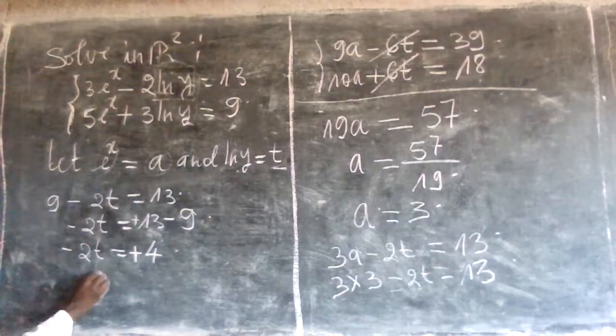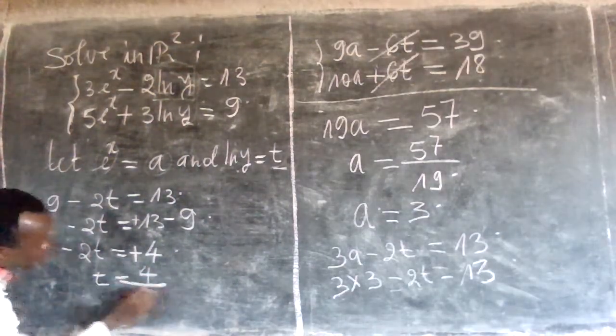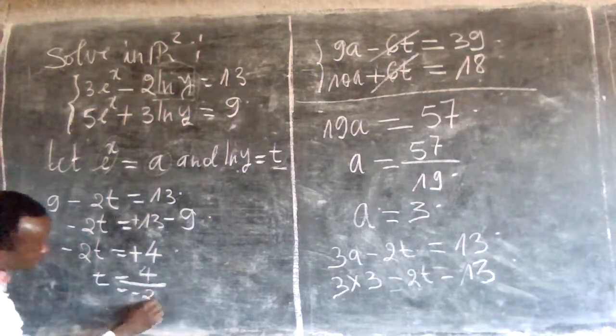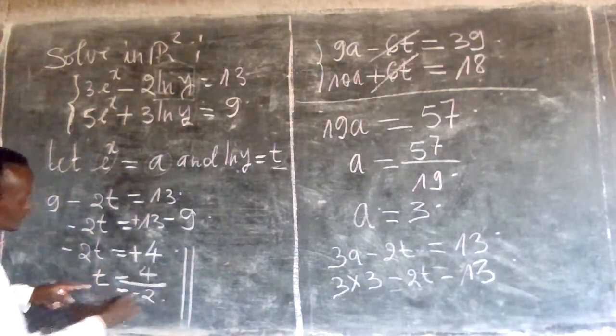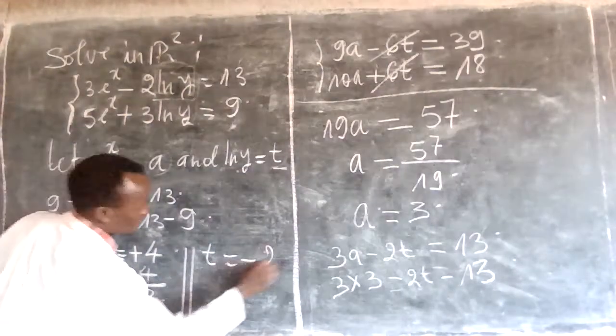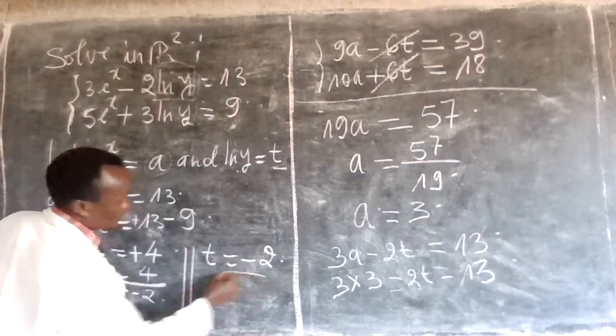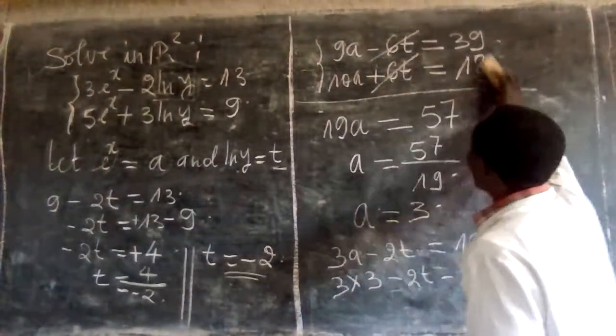Finally, t will be equal to 4 over minus 2. Then the value of t will be equal to minus 2.